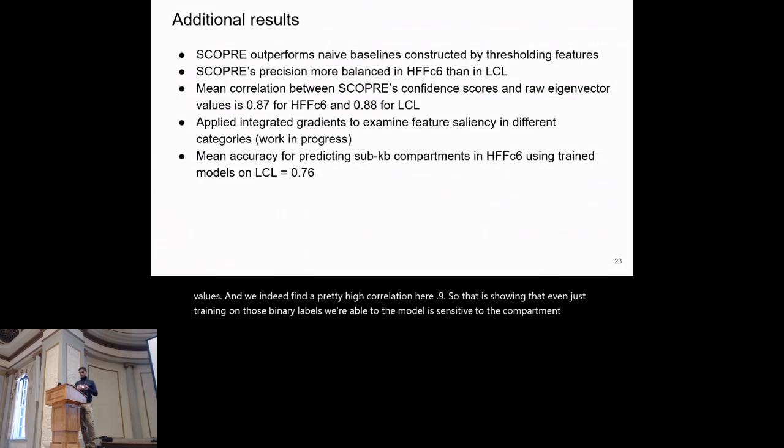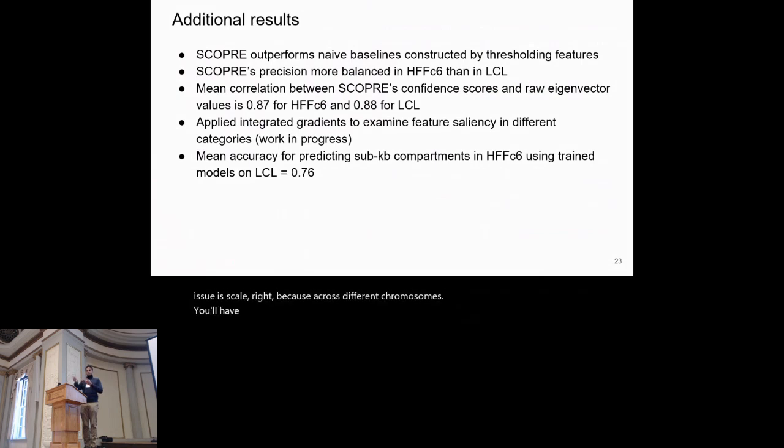In terms of framing it as a regression problem, I think one issue is scale, because across different chromosomes you'll have a different scale for the eigenvector values. You could do some sort of min-max normalization, and that would control for that. It's a good suggestion, and definitely worth trying.